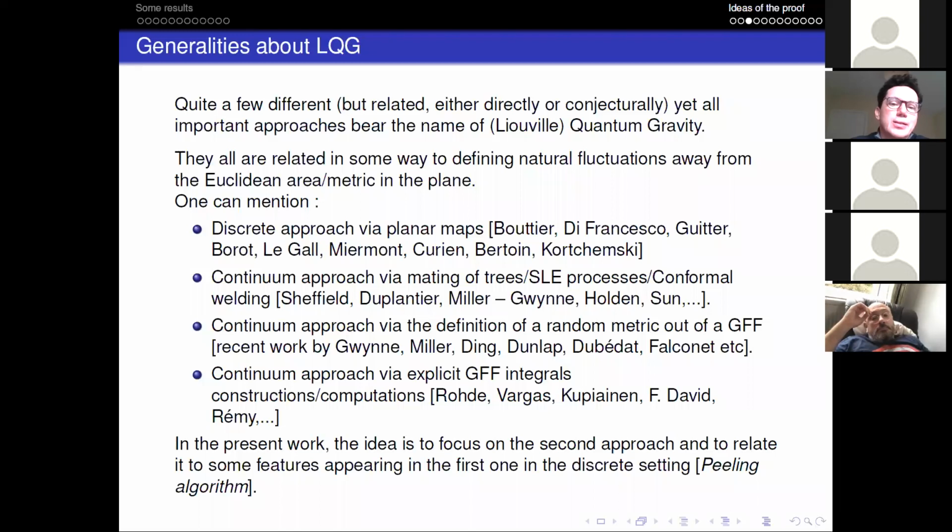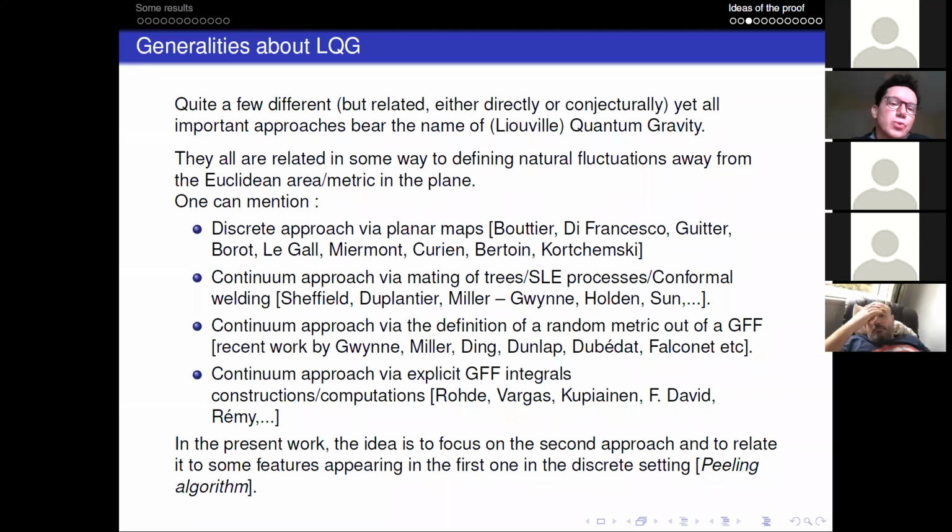And then you have another, very recent nice work which has to do with how to define the random metric out of the GFF and out of basically the second approach. These are a recent sequence of papers by Gwynne, Miller, and Ding, Jian Ding, with Dunlap, or partially with Dunlap, Dubédat, and Falconet. So there are very important things going on there.